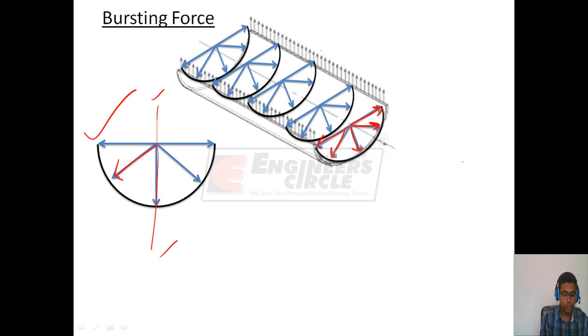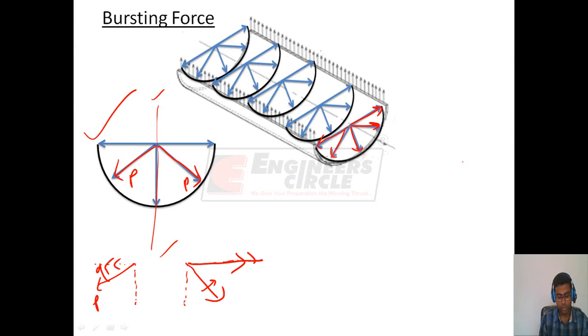Now this pressure P will have two components, one horizontal and one vertical. This pressure will also have two components, one horizontal and one vertical. So horizontal component of this will be acting in this manner and horizontal component of this will be acting along this direction.